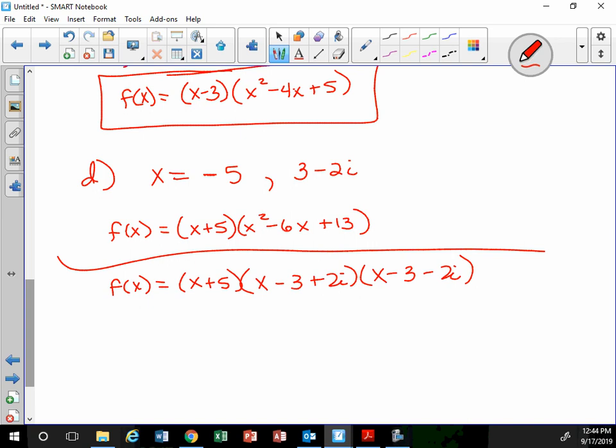I'm completely fine with you just seeing that I'm going to end up with x squared minus 6x plus 9, and then deal with this minus 4i squared. That's fine with me if you can just go right to that. If you need to write it all out, that's okay. Just be careful with all of your signs and everything. And then this obviously turns into plus 4, which is how we get our plus 13.